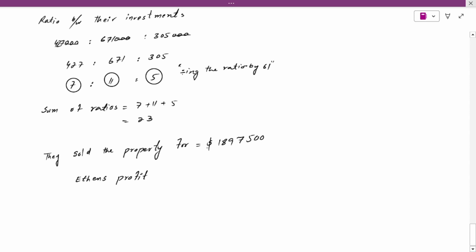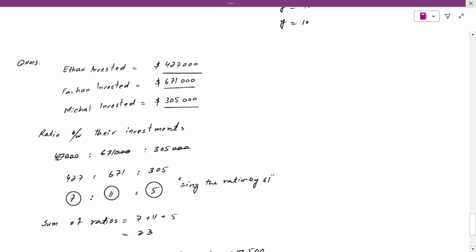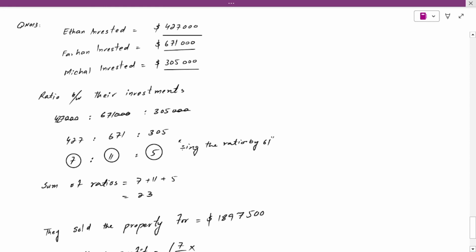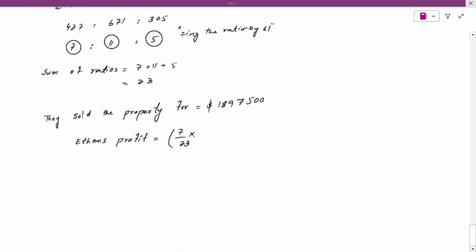To calculate Ethan's profit, we use the formula. The ratio of Ethan is 7, the sum of ratio is 23, and the property sold at 1,897,500.